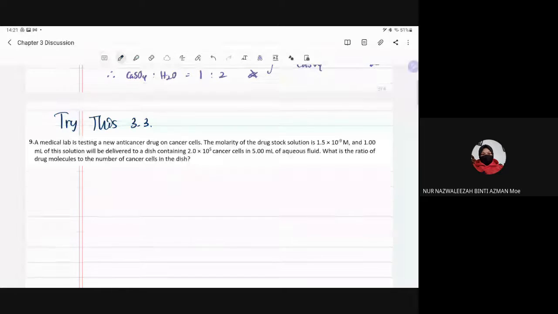The molarity of the drug's stock solution is 1.5 times 10 to the minus 9 molar, and 1 ml of this solution will be delivered to a dish containing 2.5 times 10 to the power of 5 cancer cells in 5 milliliter of aqueous fluid. What is the ratio of drug molecules to the number of cancer cells in the dish?